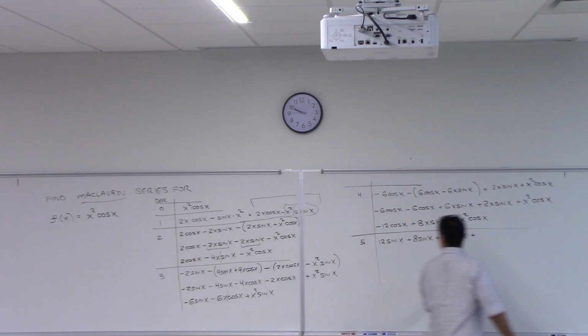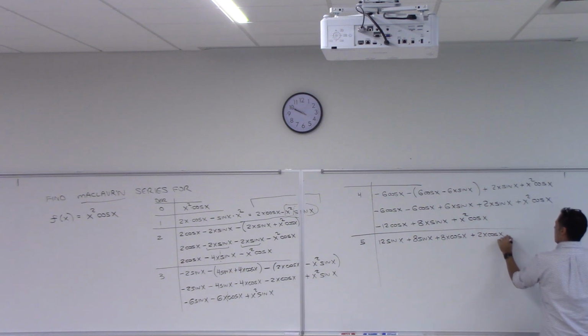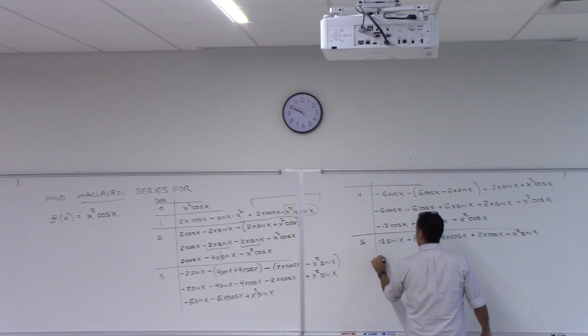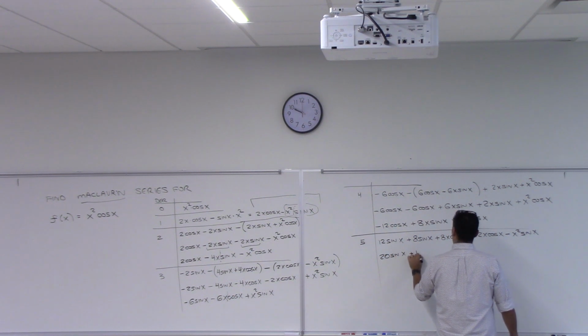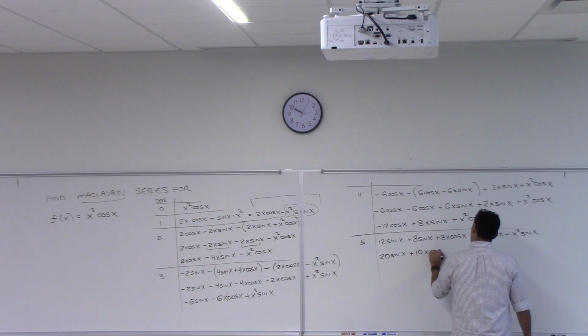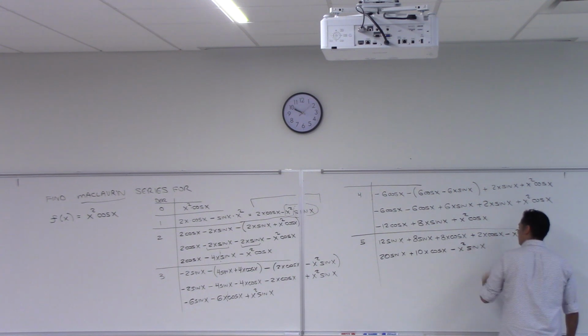So 2x cosine x minus x squared sine x. What a monster. All right, this is going to be 20 sine x plus 10x cosine x minus x squared sine x.